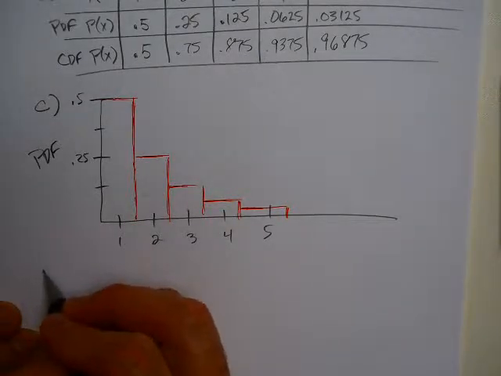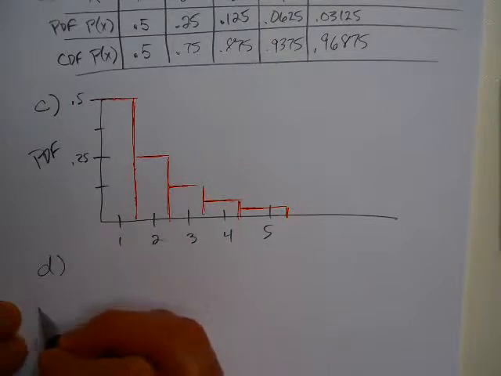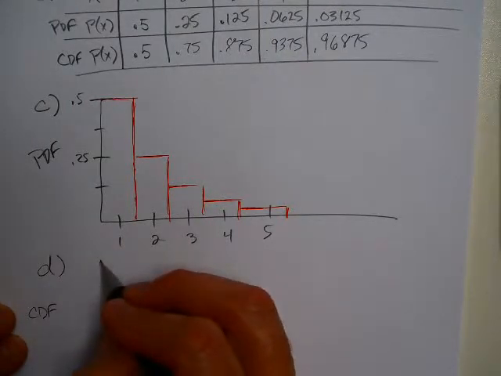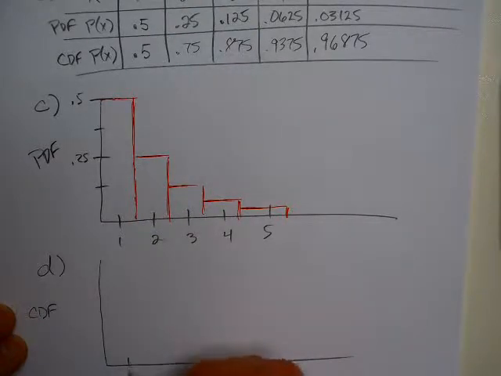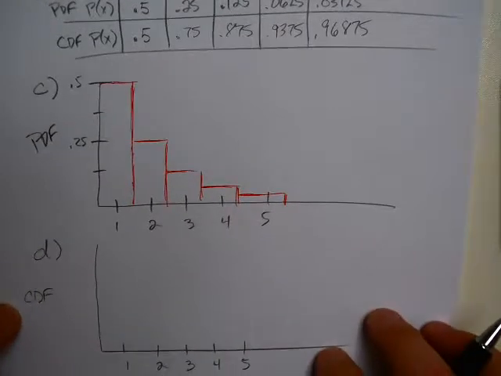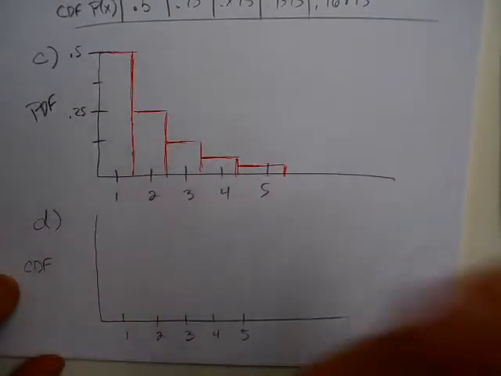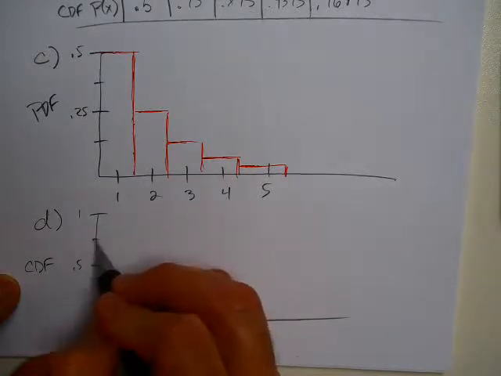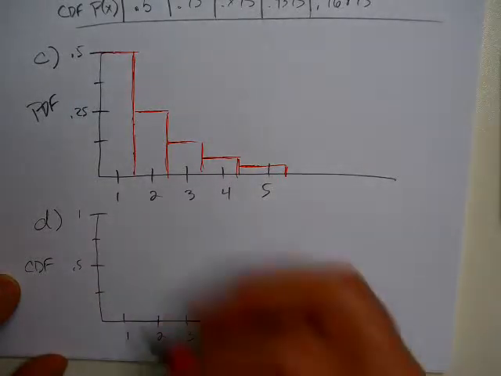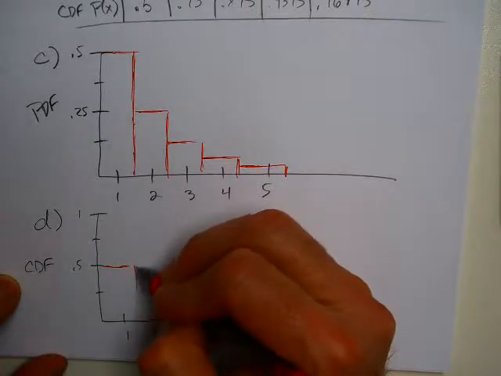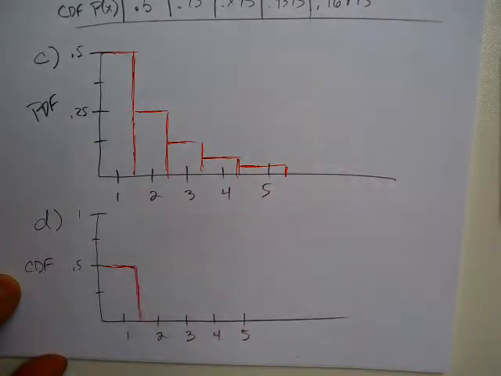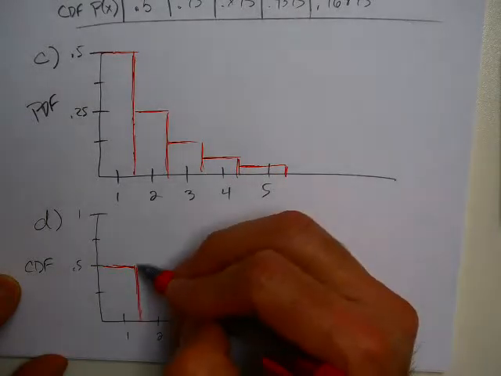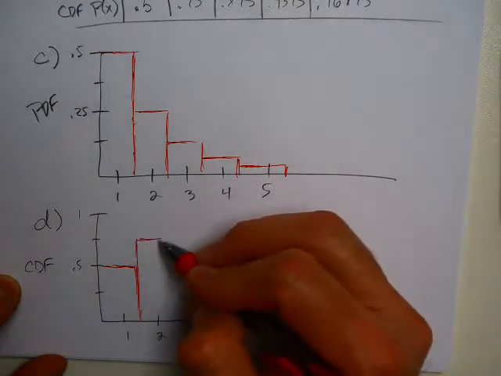And the CDF, I'm trying to get to 1, but I'm never going to quite get there. But at the top of my graph, I'm going to put 1. Here's 0.5, so on my first roll I'm at 0.5. The sum of the first and the second roll, 0.75.